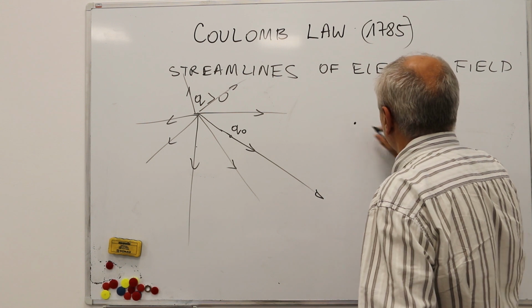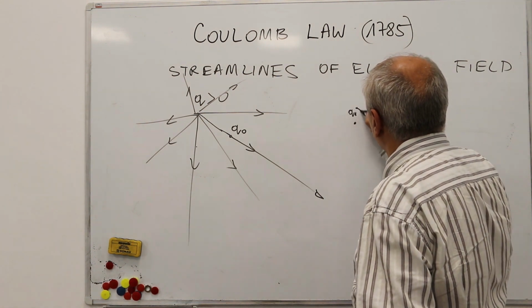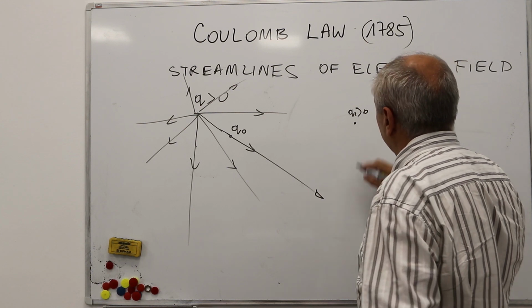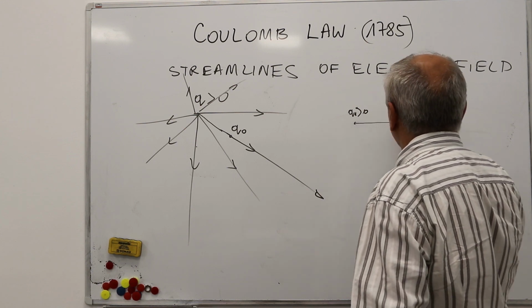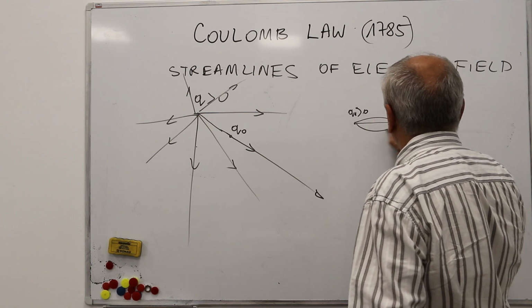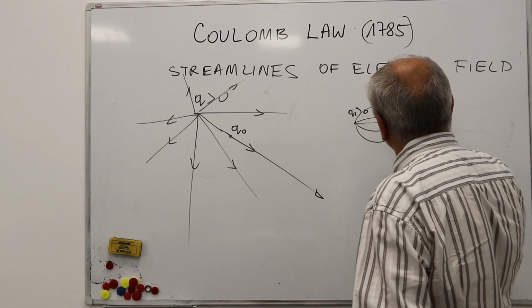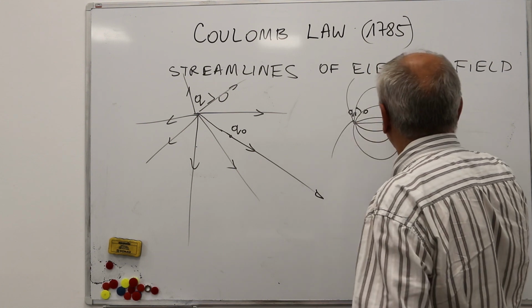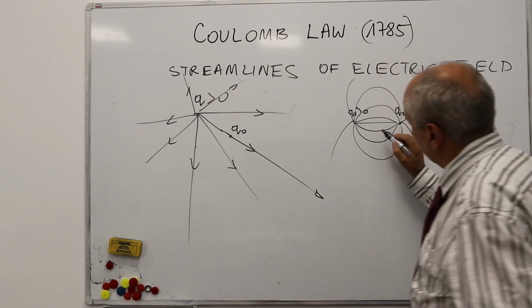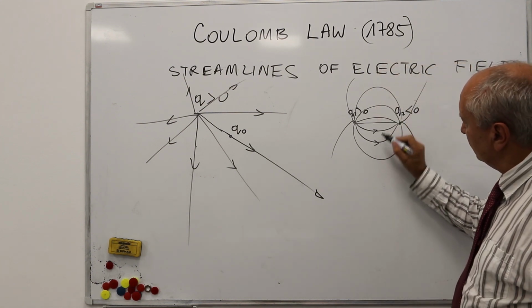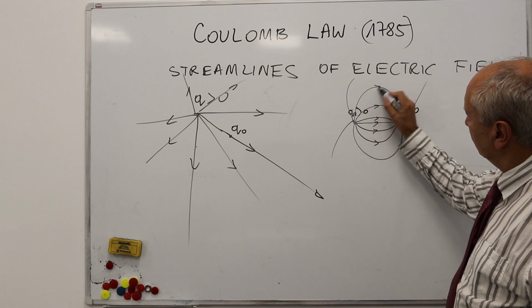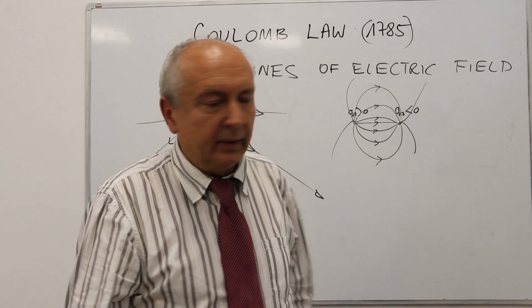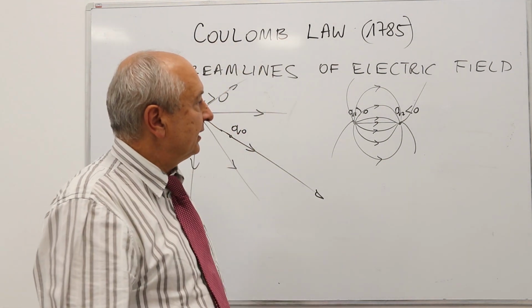For two charges, Q1 positive and Q2 negative, we have sketches like this. The line of the field will be like this, and the direction is in this way.